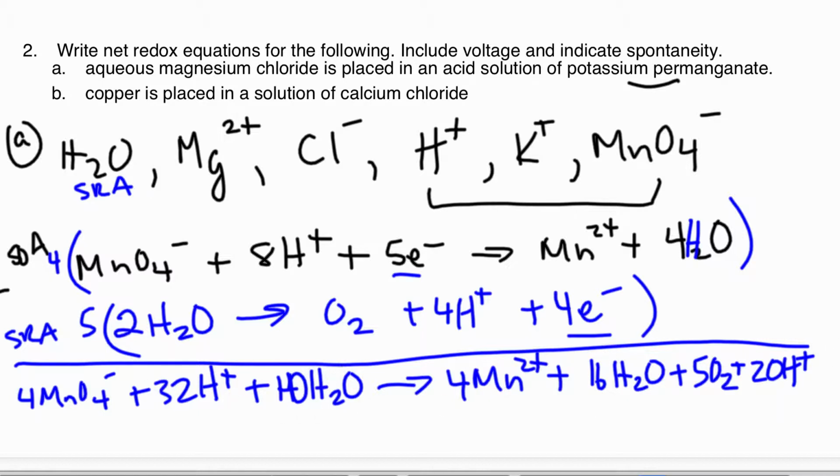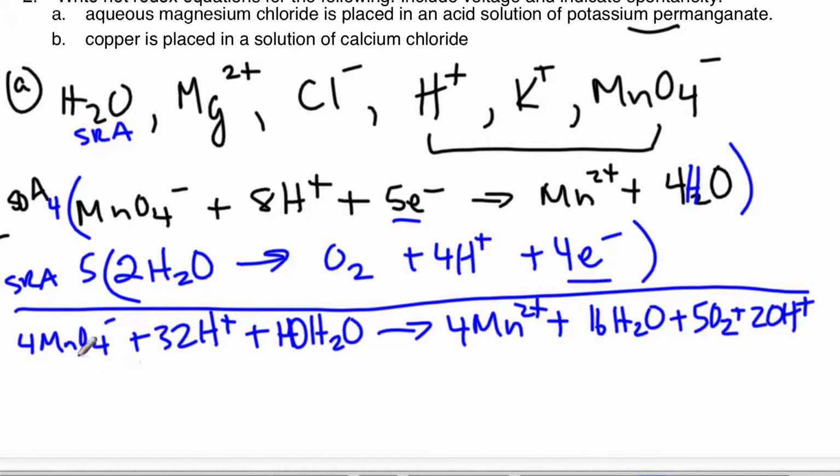Now, this is good so far, but if I notice that there's the same compound on each side, I can simplify that. So net, I've got 32 hydrogens on this side, 20 on this side, so I would have 12 on this side. I'll rewrite this in a simplified form, so it'll be 12 hydrogens.